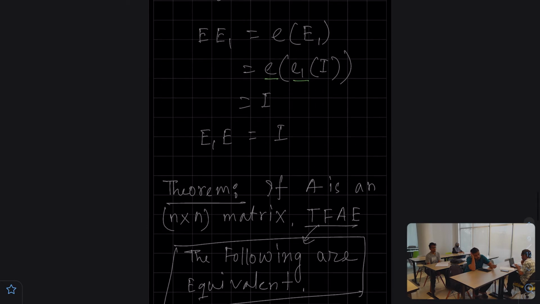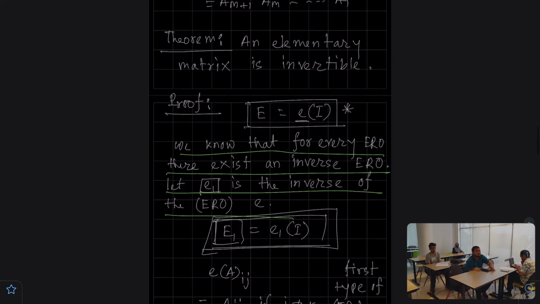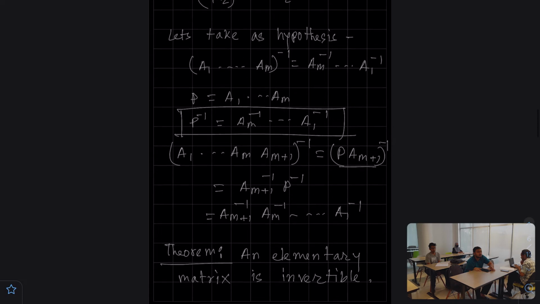And we also proved that the multiplication of invertible matrices is also invertible, right? You just asked that question. So I gave you a sketch of proof, this one, right? So this is equal to this. It shows us that a product of invertible matrices is also invertible.